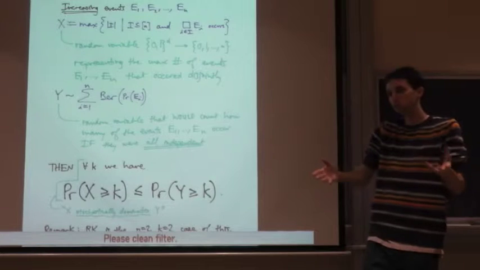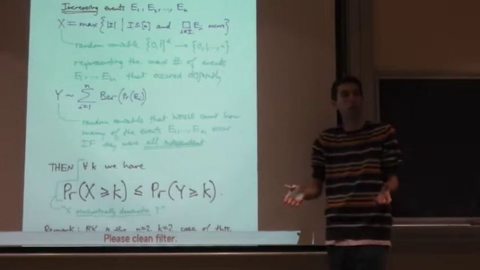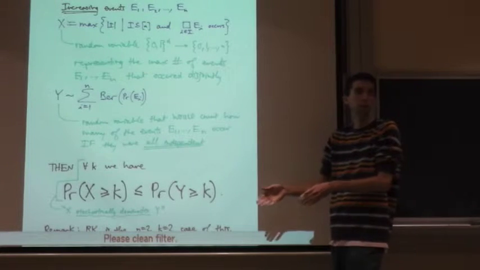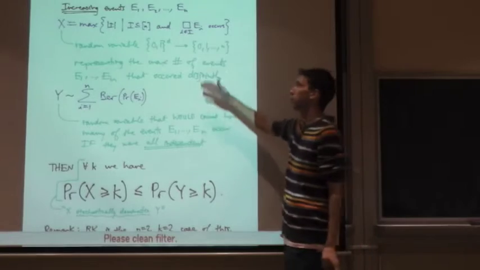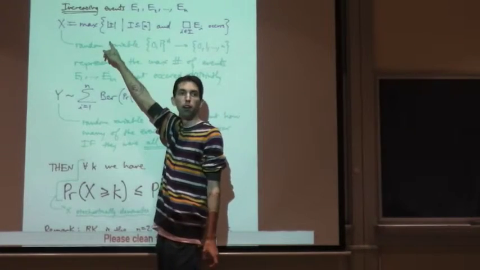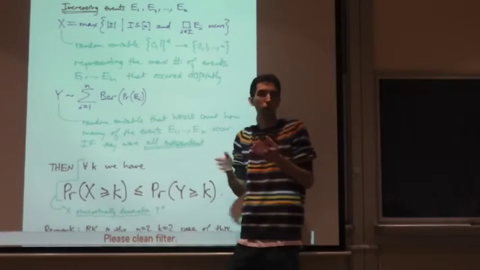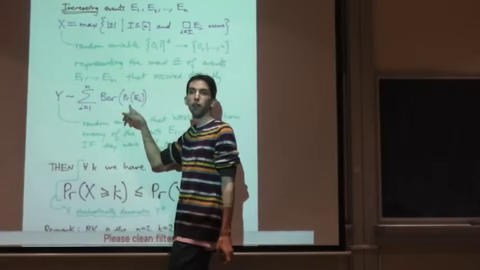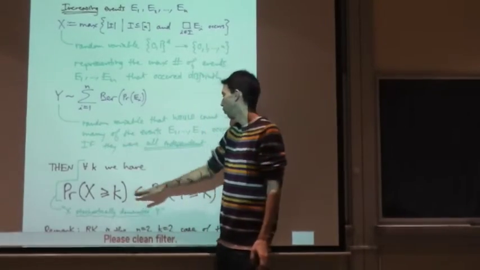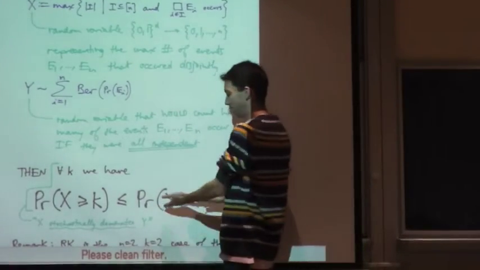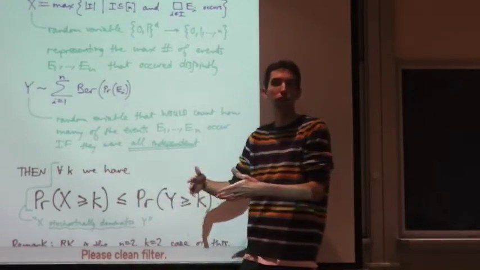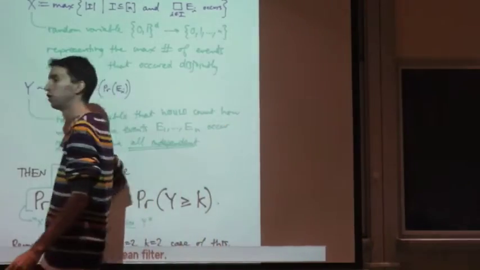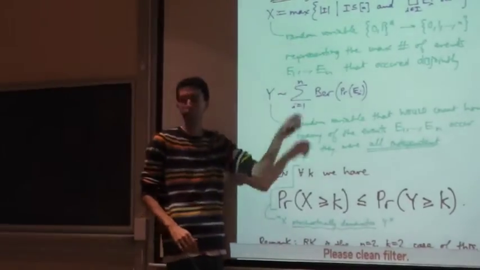In order for the two events in BK to occur disjointly, that's at least as hard as it would be if they were independent. So it's a similar spirit here. This is what's actually going on when the events have all their weird dependencies, and this is what would be going on if they were all independent. And what this is saying is that if they're independent, you're likely to get more of the events happening than if you are forced to find disjoint occurrence of the dependent ones.